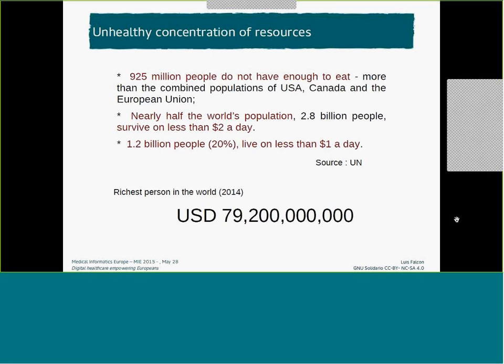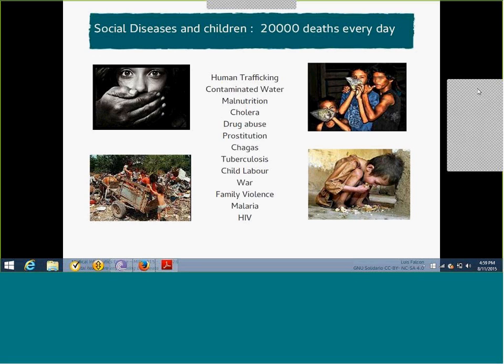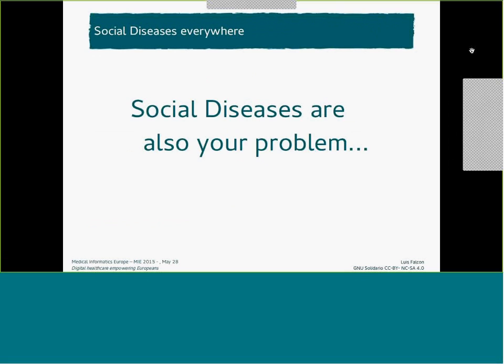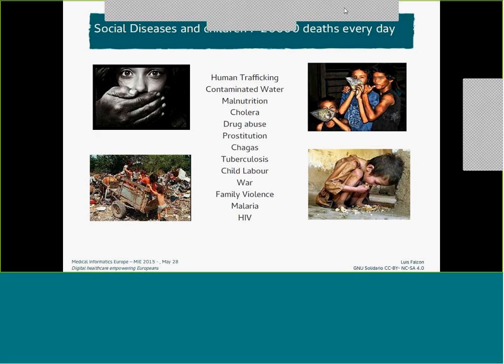And so one thing that we want to work on, on the next slide, is social diseases. Social diseases are those that come from that form of inequity and lack of empathy, and these are easily preventable.